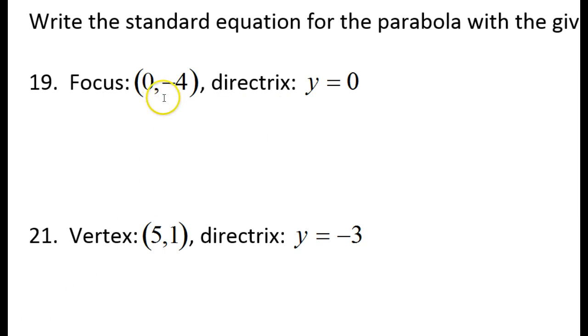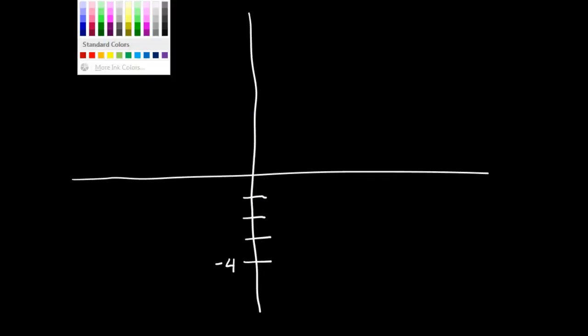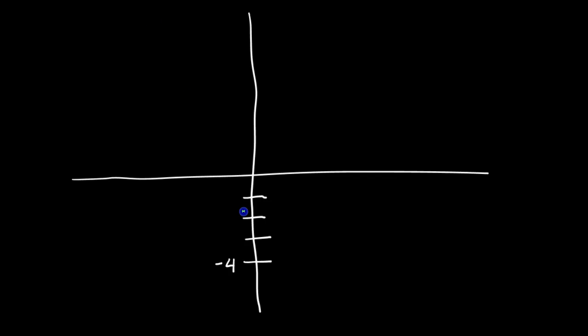So let's see. They're giving me the focus and the directrix. Let's graph both of these. Now the focus is at 0, negative 4. So that means that the focus is right here. This is 0, negative 4.